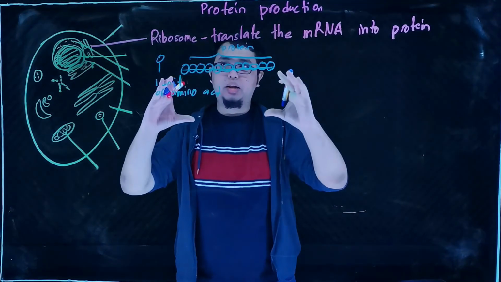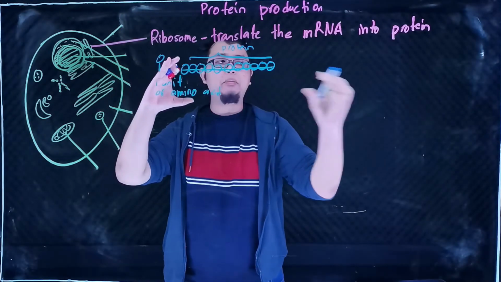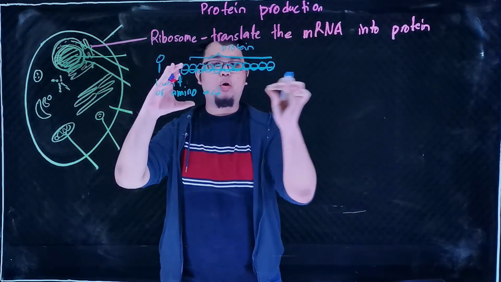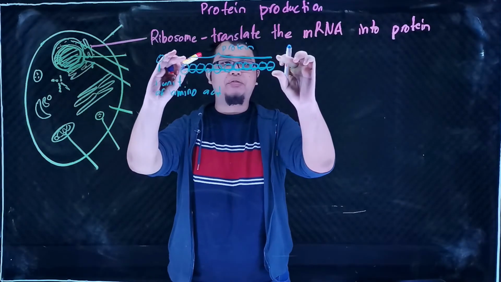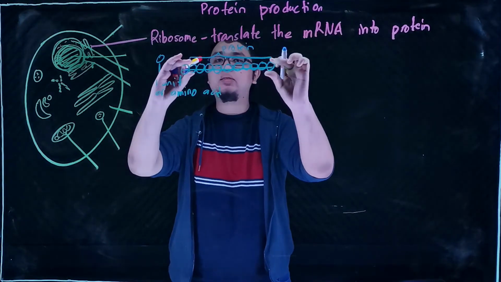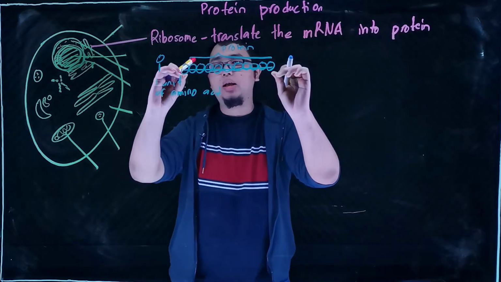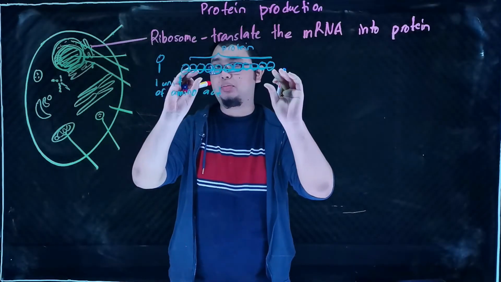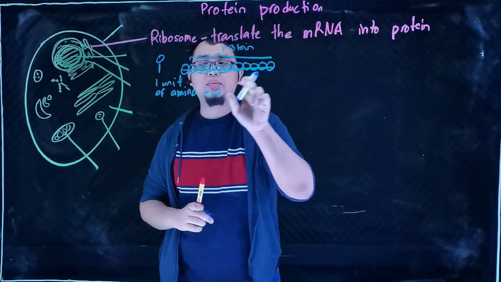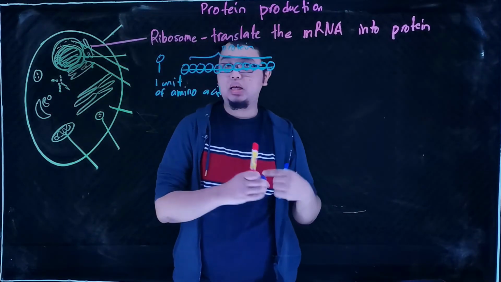The ribosome assembles all these amino acids on a single chain, and now you have a protein. But this protein is what we call the primary structure. It doesn't carry out a specific function, so this protein needs to be modified.